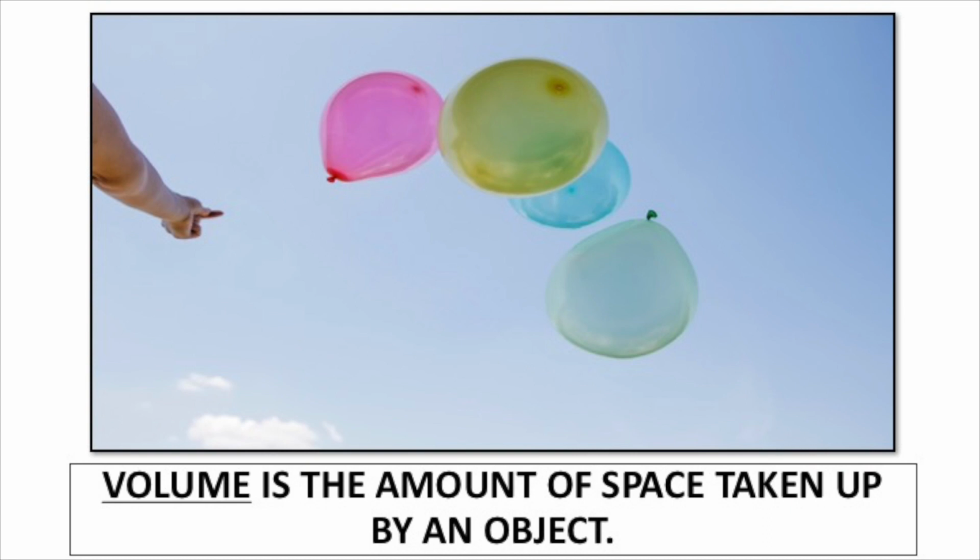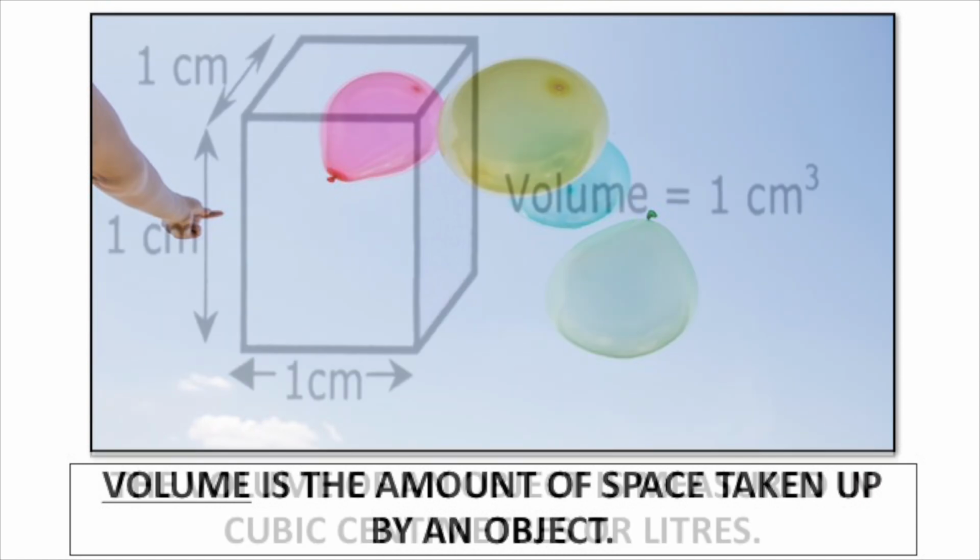And the next part of matter, volume. Volume is the amount of space taken up by an object. Like you guys now, sitting on your chairs. Your volume is the amount of space you take up on your chair.